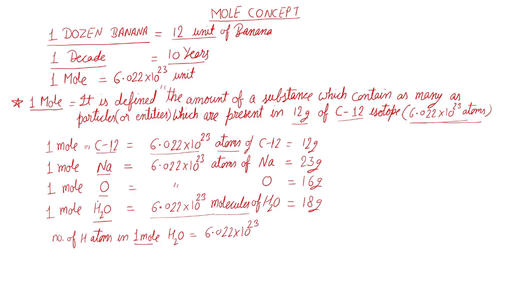And by this formula, we can see one molecule contains two atoms of hydrogen. It means it will be multiplied by 2. So 12.044 into 10 to the power 23 will be the atoms of hydrogen in 1 mole of H2O.